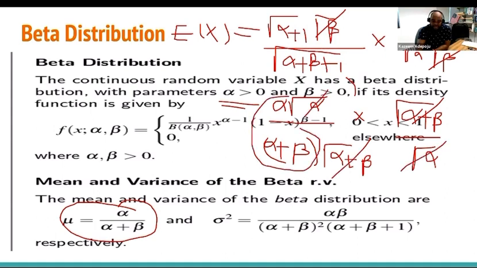What do I have left? I have alpha over alpha plus beta, which is the mean.